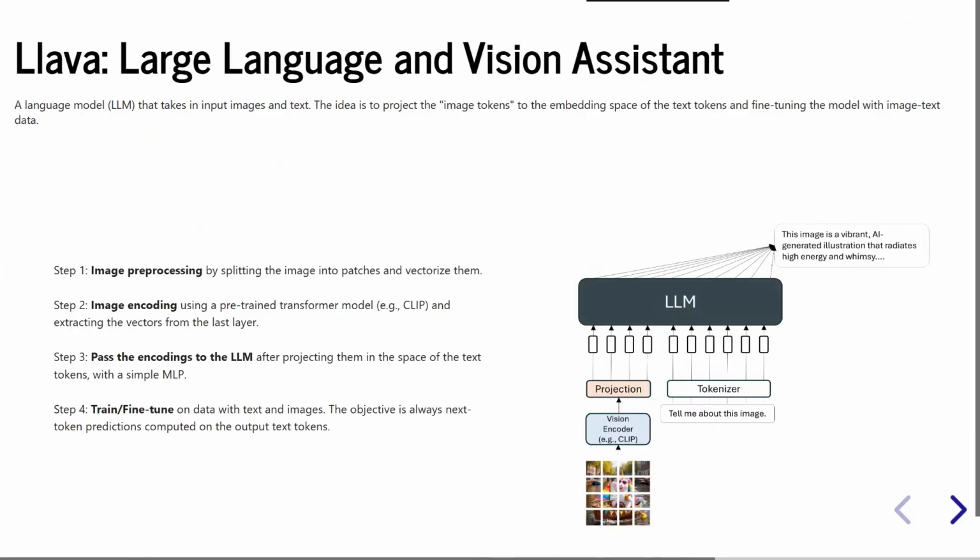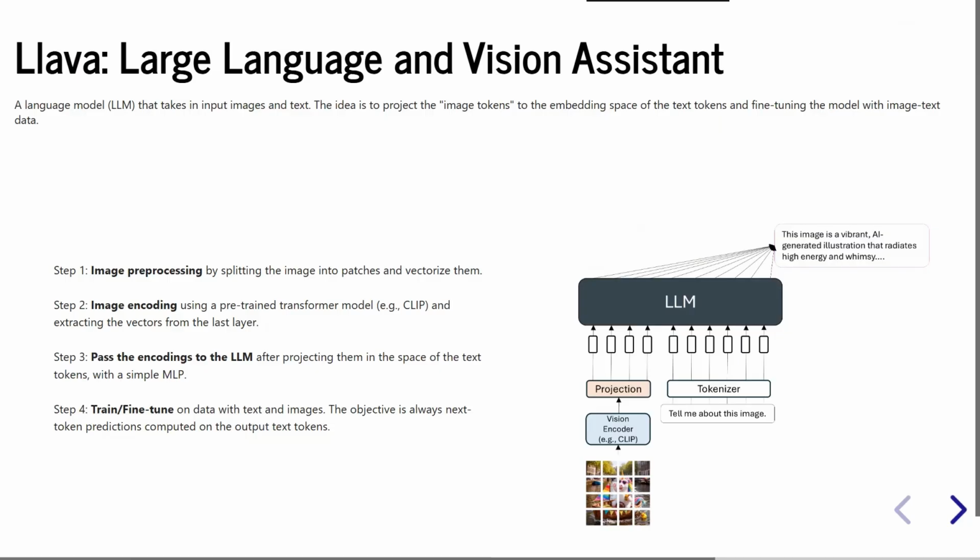And then I want to show you a more recent approach, which is, I believe, from 2023. This is called LLaVA, which stands for Large Language and Vision Assistant. And again, this is also very famous, and nowadays almost everyone is using this approach for multimodal models. The idea here is that the authors wanted to reuse the pre-trained LLMs, so the text-only pre-trained transformer, to work also with images.